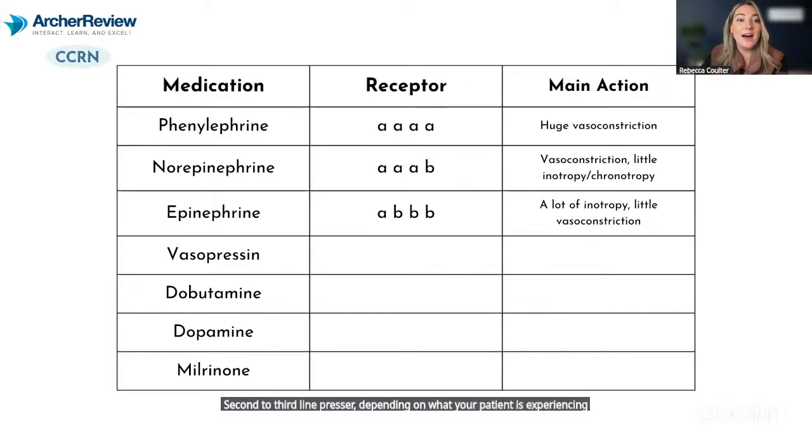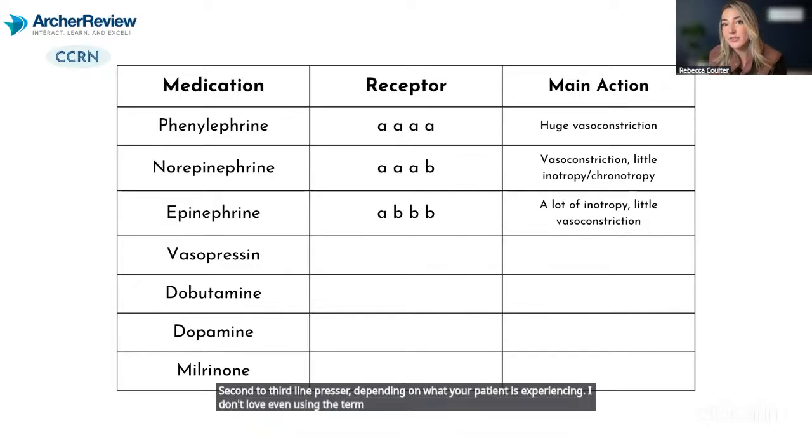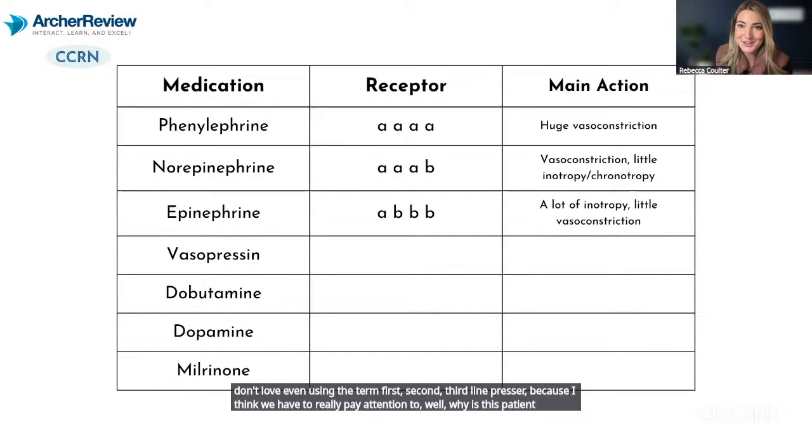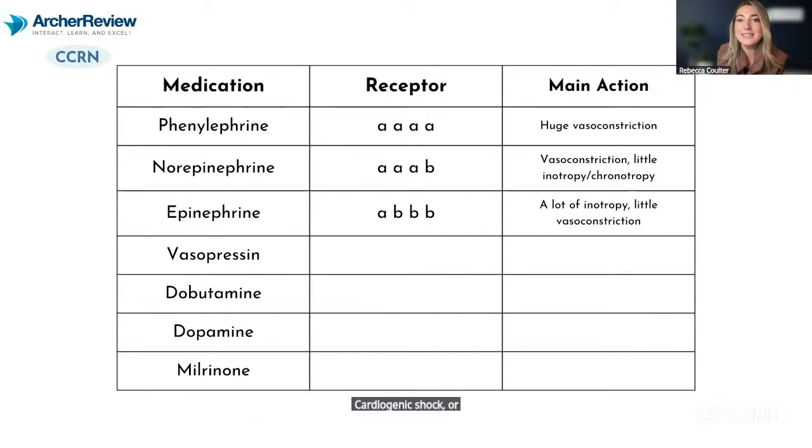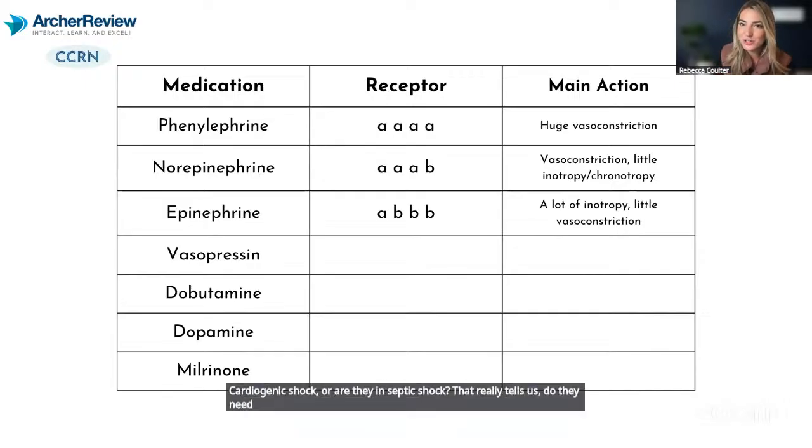I don't love even using the term first, second, third line presser because I think we have to really pay attention to, well, why is this patient needing a presser? Are they in cardiogenic shock, or are they in septic shock? That really tells us, do they need more vasoconstriction because they're in a vasodilation form of shock?